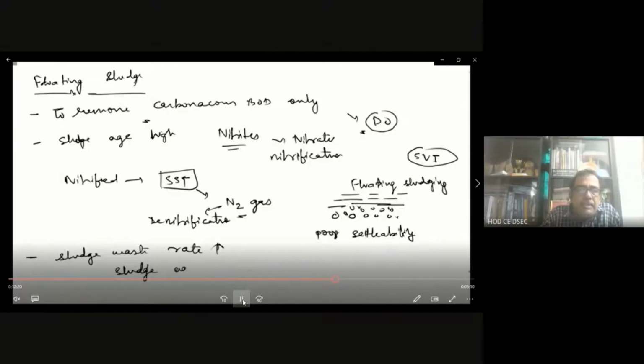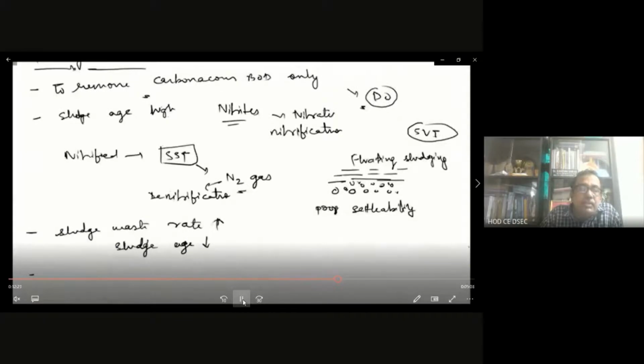And the sludge waste rate will increase and the sludge rate will decrease. If the sludge waste rate is increased and sludge can be decreased, then automatically the floating sludge condition can be avoided. So we have to go for the optimum aeration, that is the solution.